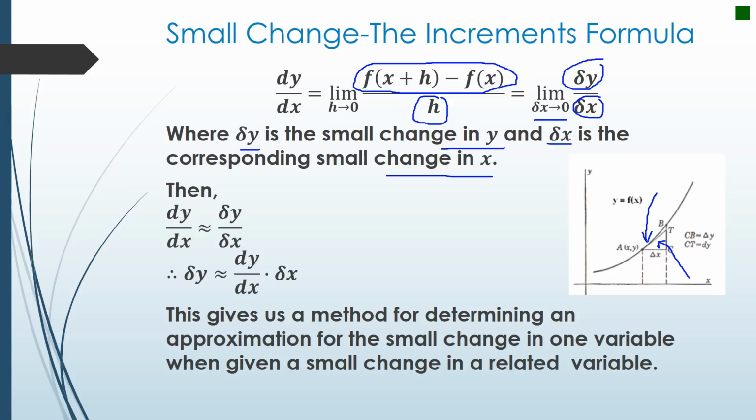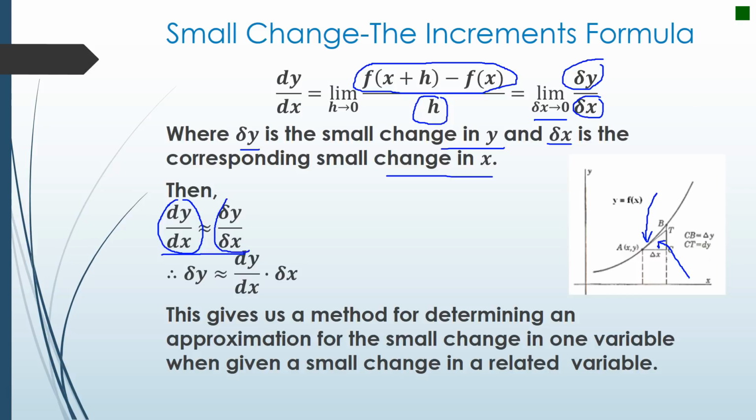So if the change in y and x is small, we can say dy by dx is approximately equal to delta y over delta x. dy dx is the gradient at a particular point.